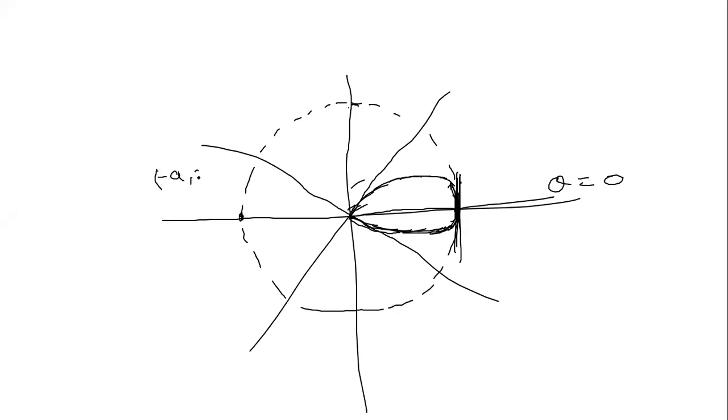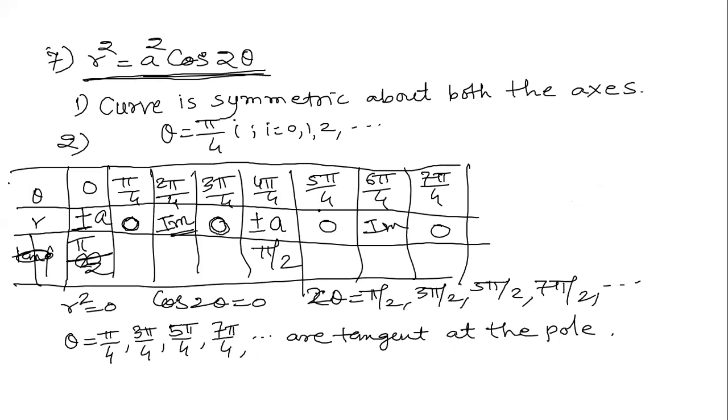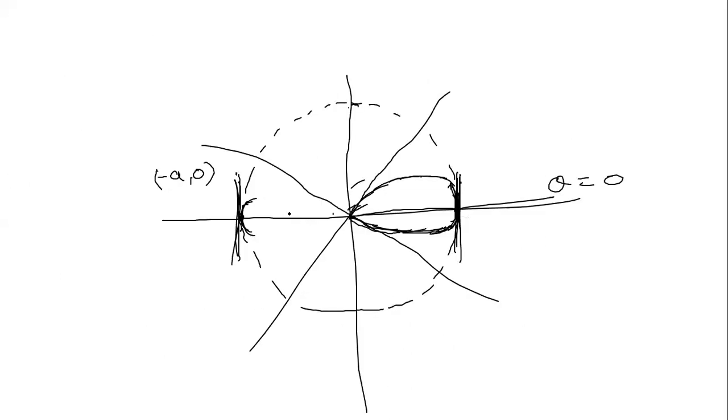This is the point, and we have to draw a loop from origin to this point, and again the pattern will be like this, and here 3 pi by 4 and 7 pi by 4 are tangents at origin.